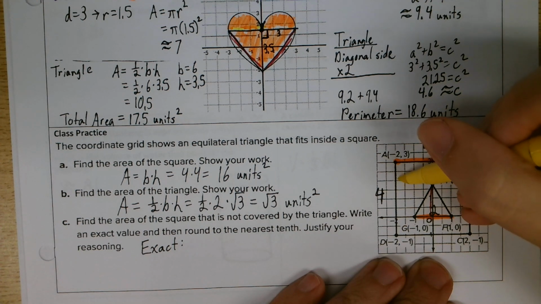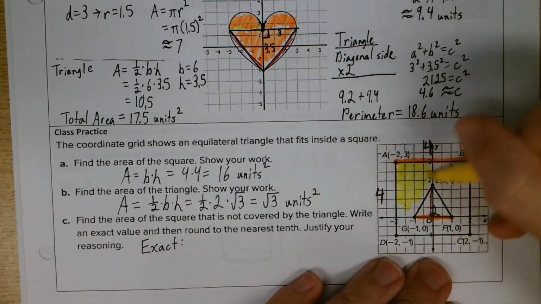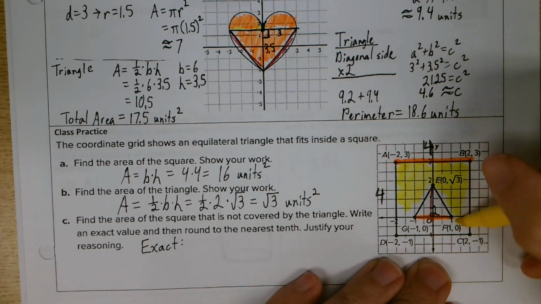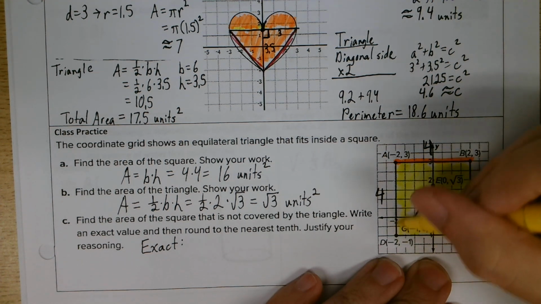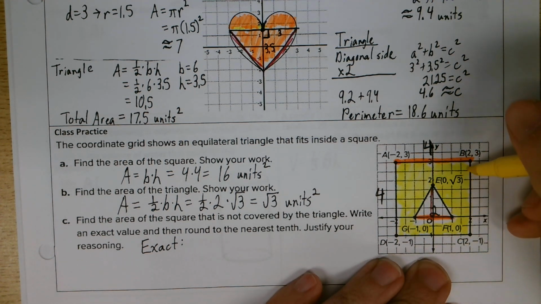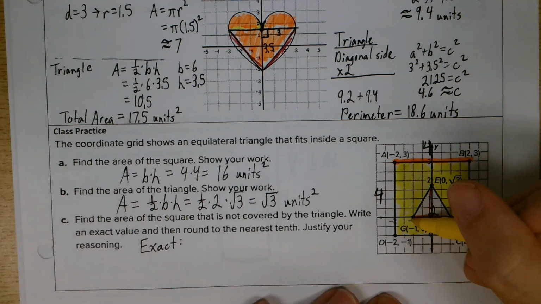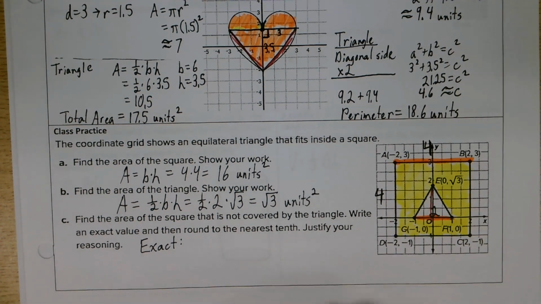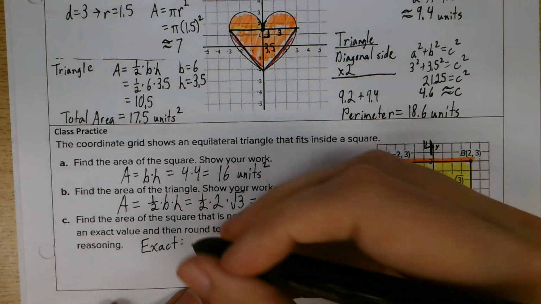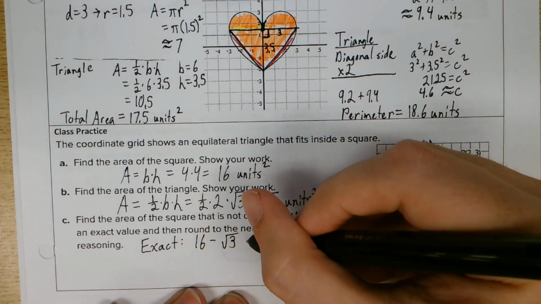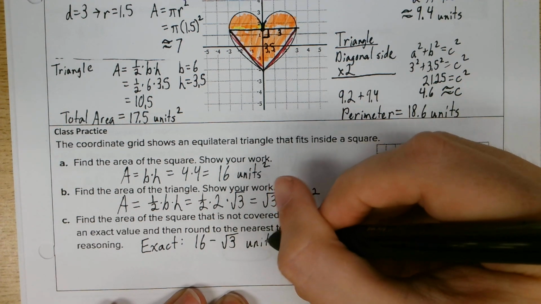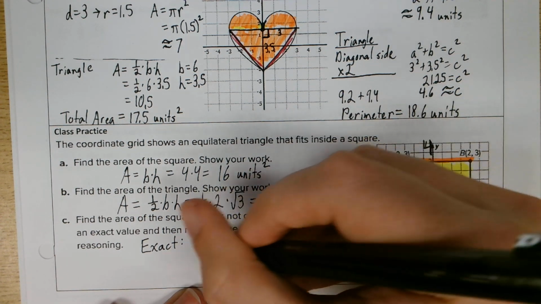We're going to be looking to just find this area that is highlighted without the triangle. It's going to be 16 minus the square root of 3 units squared.